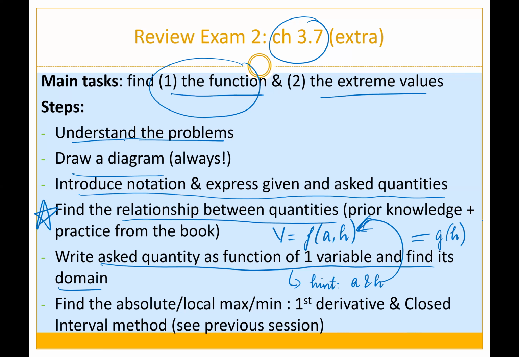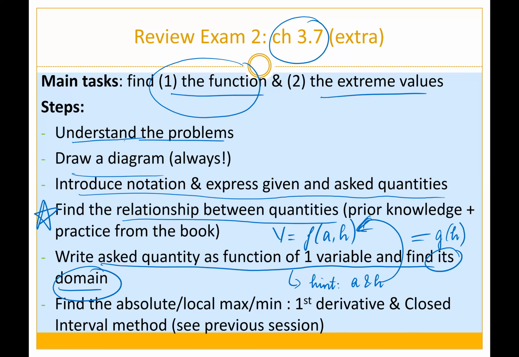Then to find the maximum and minimum, you also need to find the domain. The domain is really where you limit your range of evaluations. If you just have H and no boundaries for it, the maximum value may always be positive infinity and the minimum can be negative infinity.